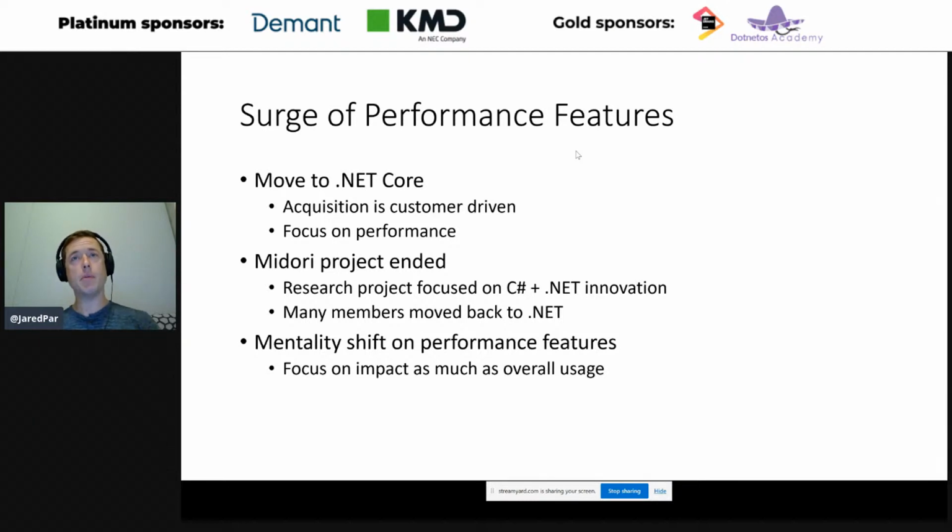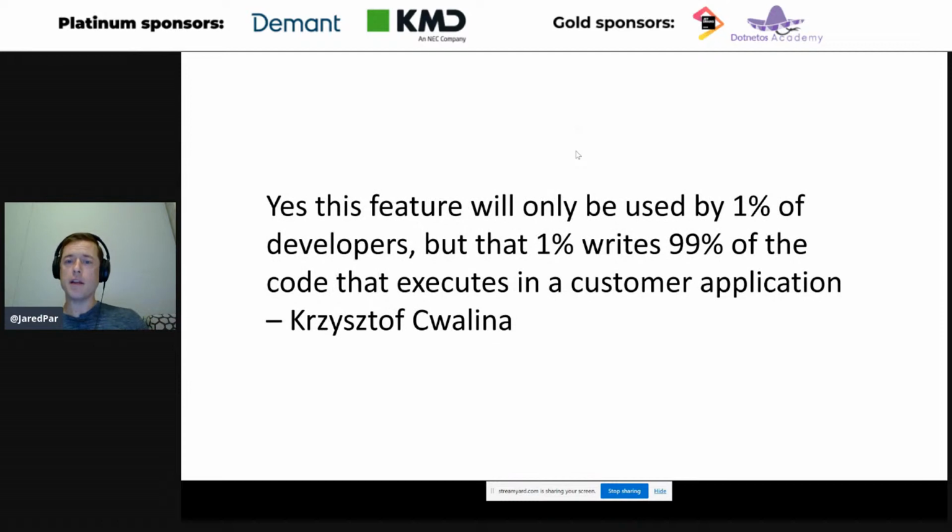So we began to think of performance features in that perspective. This quote from those debates represents the mentality shift we had: yes, that performance feature is only going to be used by 1% of developers out there, but that 1% writes 99% of the code that executes in a customer application. That mentality shift was the inspiration for a lot of the work we've been doing in the language over this time.